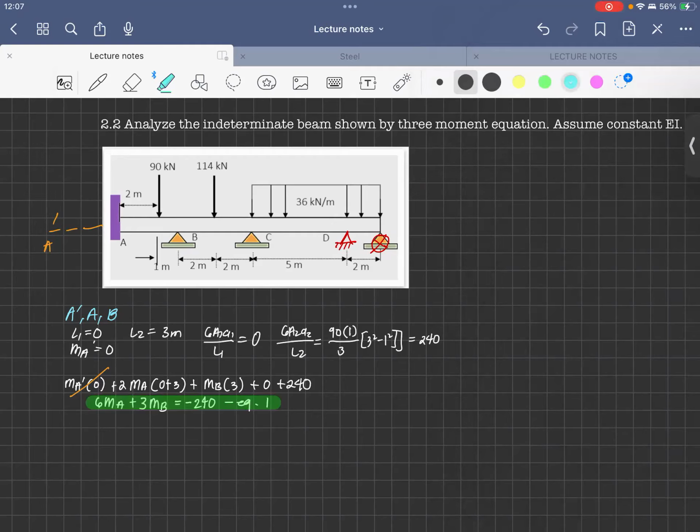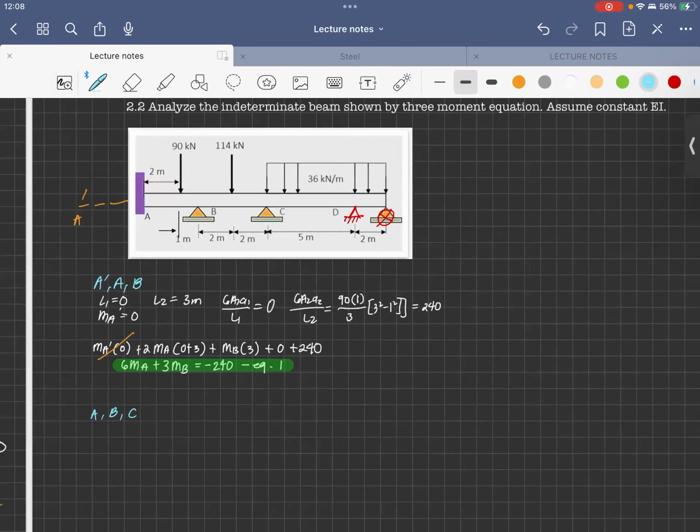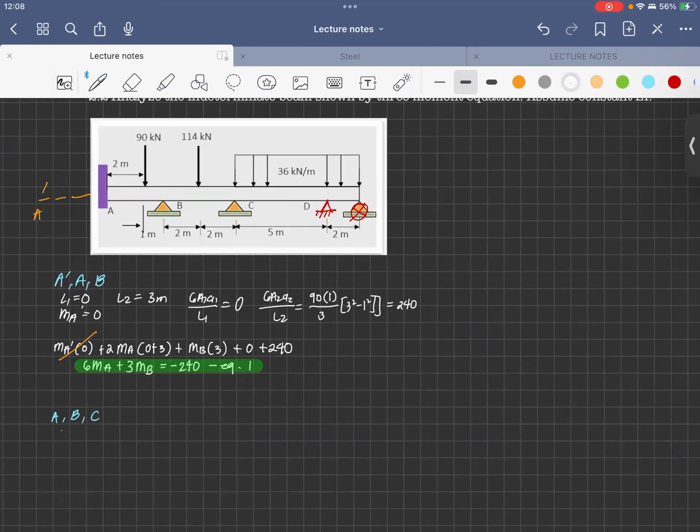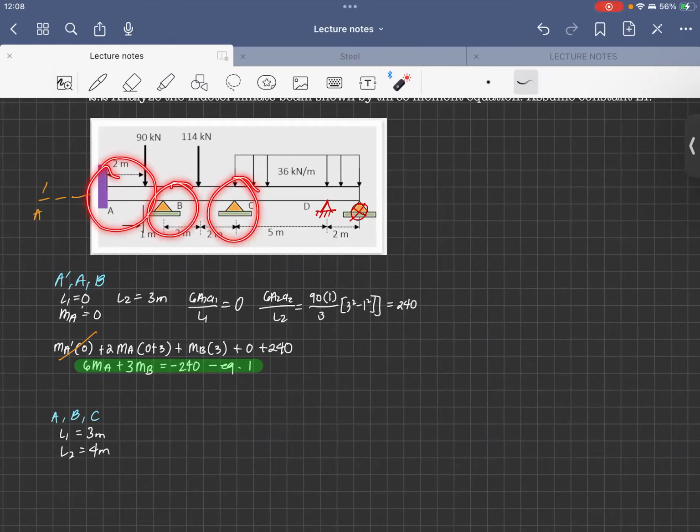Then let's have another 3 points. Again, A prime, A, B. Next is A, B, C. Let's have ABC. So here your L1 is 3 meters. L2 is 4 meters. So both your MA, MB, and MC, all of them have values.